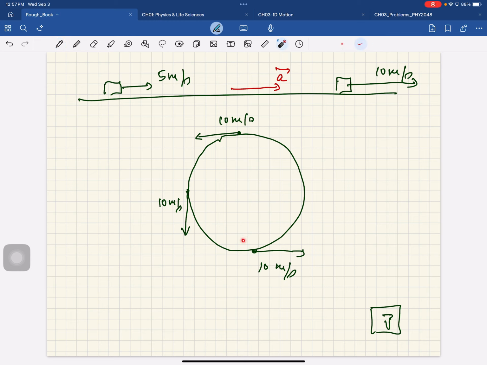And here's the other example. Here we didn't change the direction, we only changed the magnitude. Here we're changing only the direction and not the magnitude, and you're accelerating.